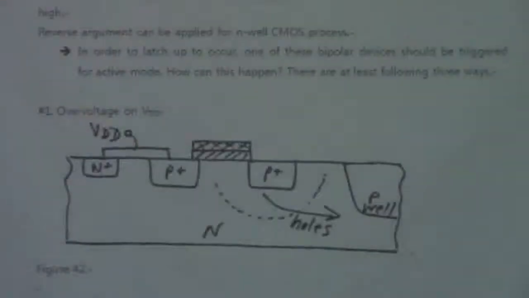That's what we're going to talk about. Intuitively, there are a few things we can do to prevent latch-up. Before finding the structures to prevent it, first we want to see how latch-up can happen.